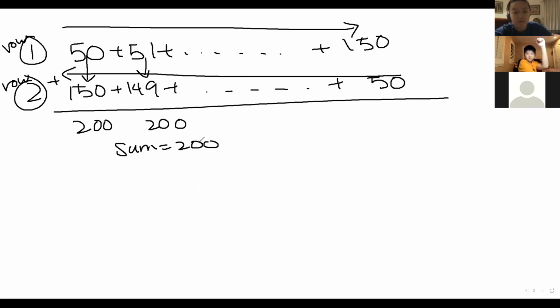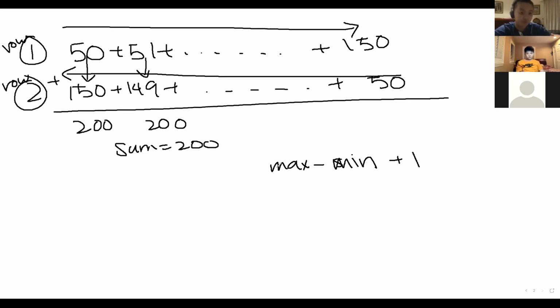How many numbers are there from 50 up to 150? I don't know if I went over this with you before. If you're given a range of numbers, the easiest way to figure out how many numbers there are in total is you take the biggest number, you minus the smallest number, and you add 1.